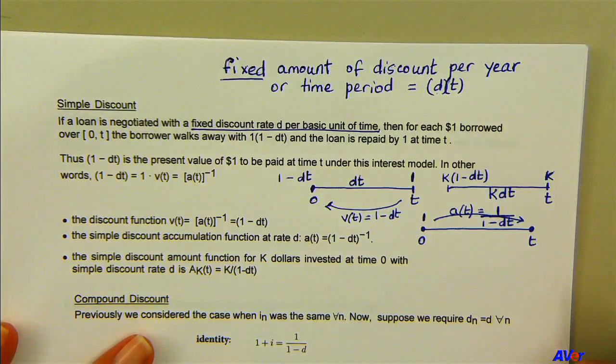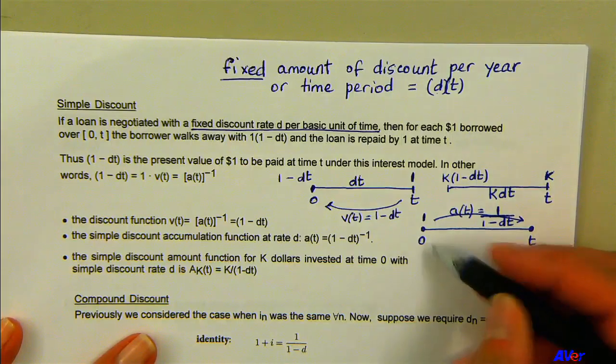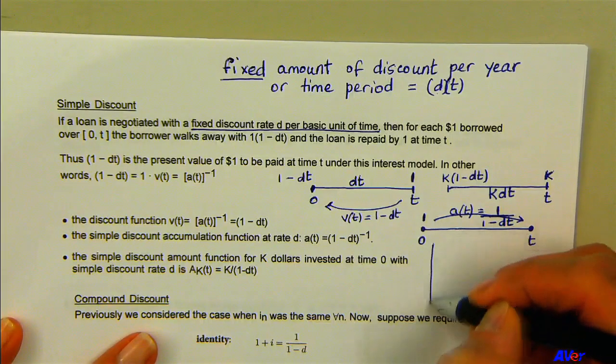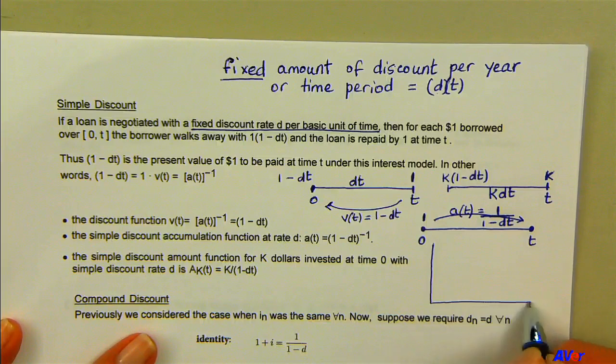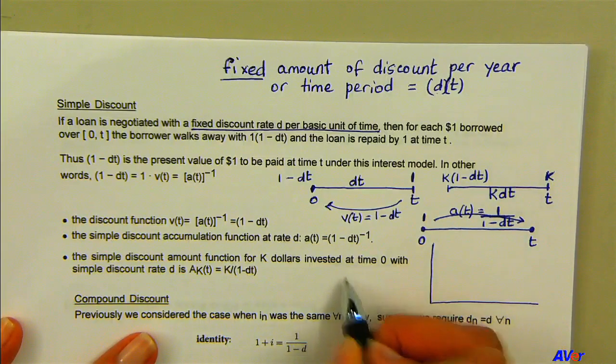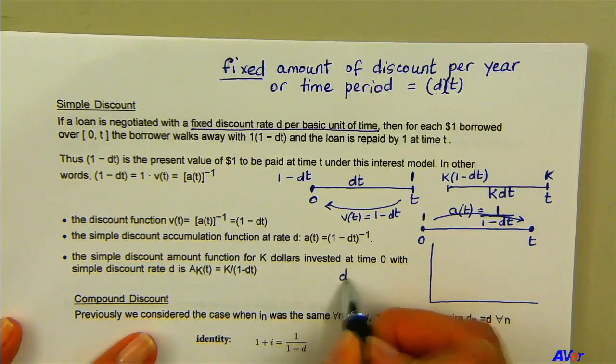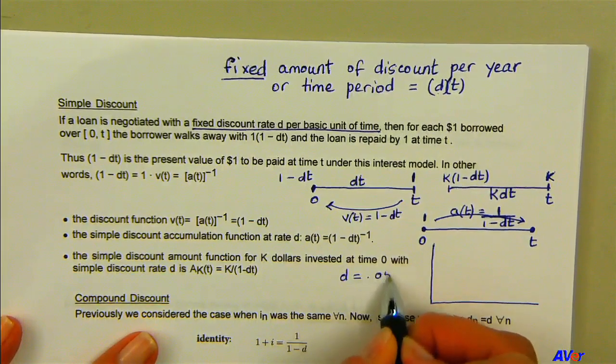So if I were to draw this accumulation function, what would it look like? I want to draw a of t. What would this look like? Let's say that d equals 0.05.